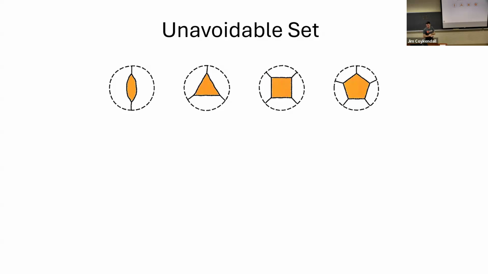Now, what you want is an unavoidable set where all of these configurations are what they're calling reducible. And for a configuration to be reducible, it means that if you remove what's inside, and have a four-coloring of the rest, of the ring, then when you put that region back, there's always a way to complete the coloring as a four-coloring.